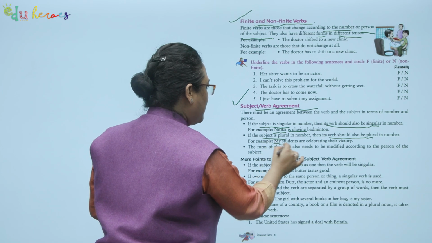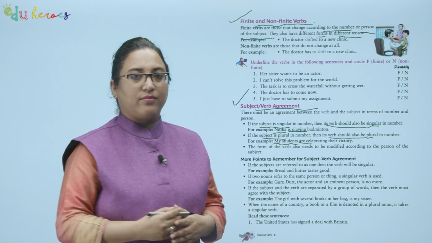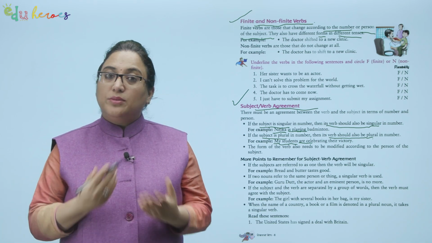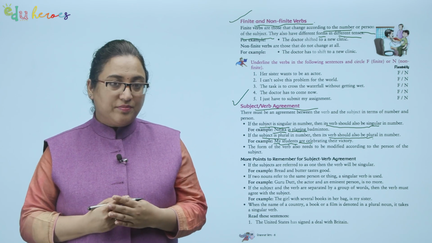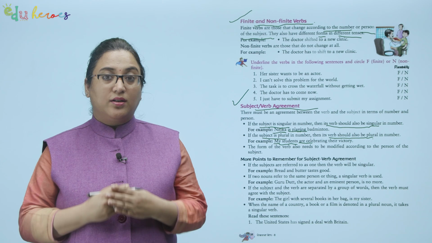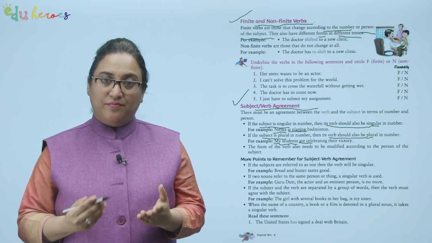Here, my students is plural and are is also plural. The form of the verb also needs to be modified according to the person of the subject. Now there are various rules related to it. So more points to remember for subject-verb agreement, also called SVA.